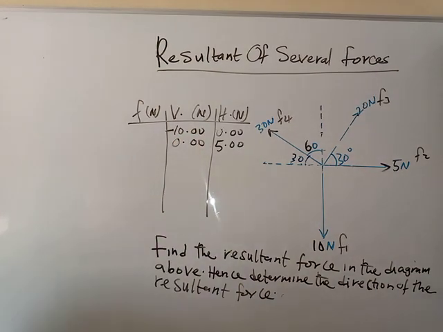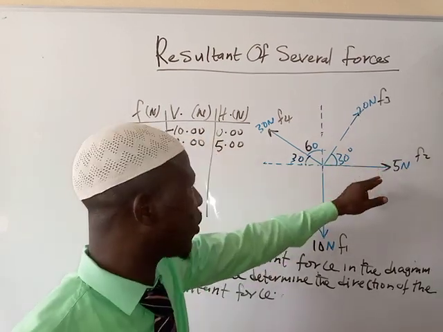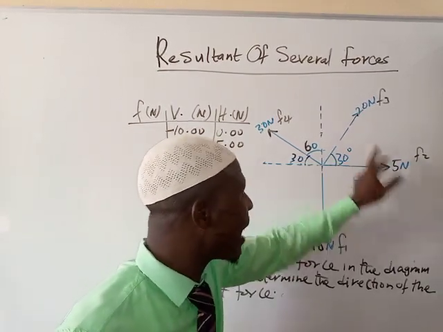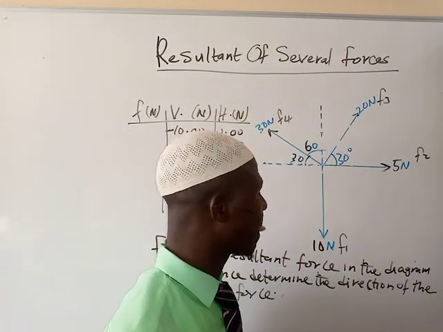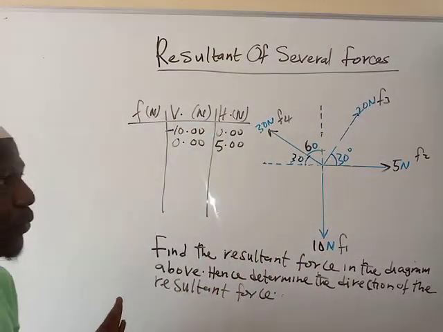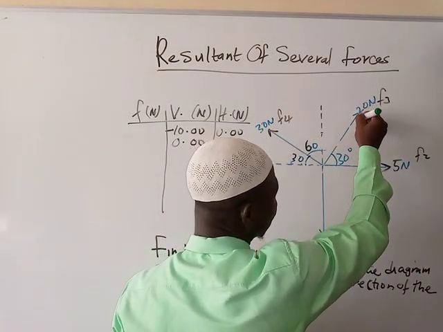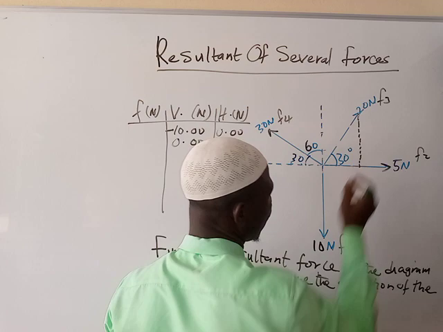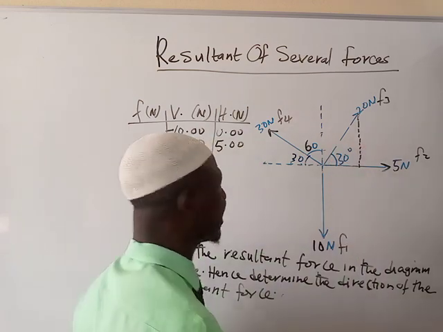Now, let's go to F3. Look at this F3. So we cannot say it's positive horizontal, and we cannot write it under vertical. So the next thing is to resolve it. To resolve it is very simple. You can decide to make it a right angle like this with horizontal, or you bring the triangle as it is, like you bring it out, make it simpler.